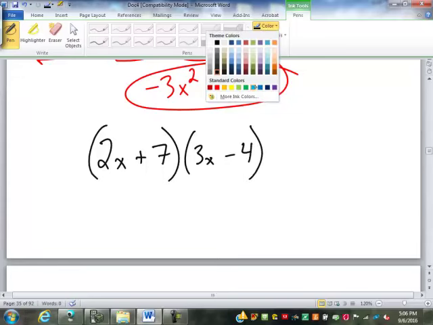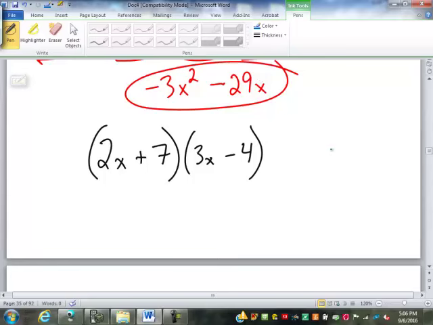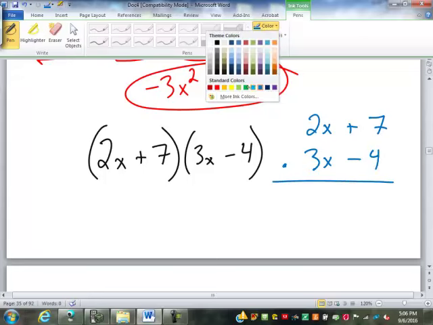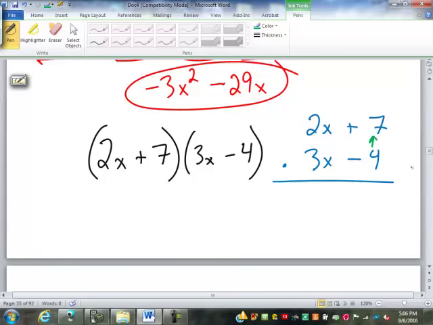How about a 2-digit number times a 2-digit number? This is no different than any long multiplication we've done. 2x plus 7 times 3x minus 4. Negative 4 times 7 is negative 28. Negative 4 times 2x is negative 8x. We'll leave a blank here.